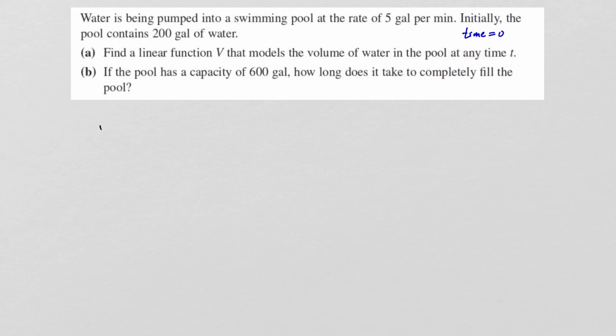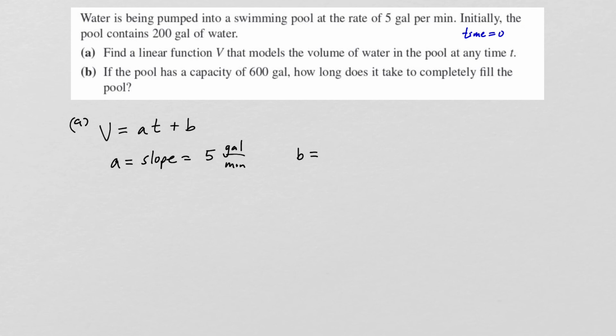So our equation is going to be v equals a times t plus b. Okay, so this is part A here. And we know that a, the slope of the line, must be equal to the rate of change, which is 5 gallons per minute. And we know that b has to be the so-called y-intercept, which is also the same as the initial value. So it's the value of v when t equals 0.